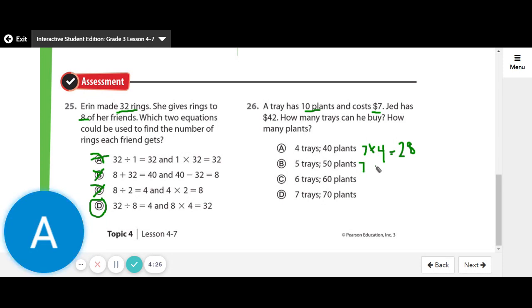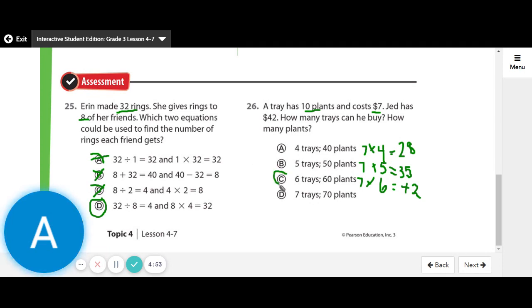So I think about $7 per tray, 7 times 5. 7 times 5 is 35. So he could buy that many trays, but he still has some money left over. So let's see if he could buy 6 trays. 7 times 6. Oh, I know 7 times 6 is 42. So that would be exactly how much money he has. So we know it can be C.